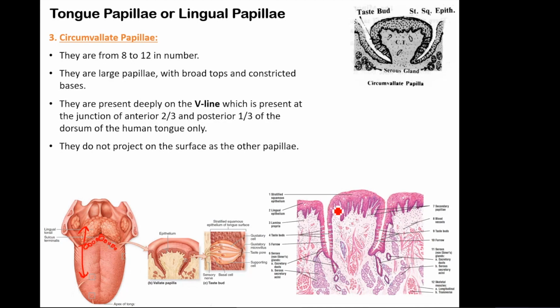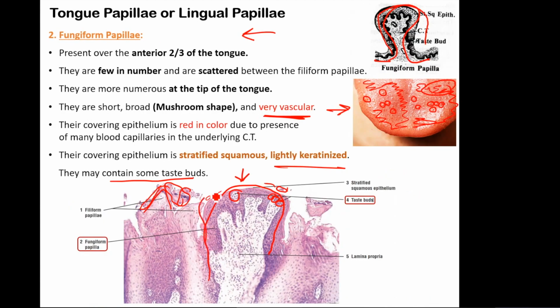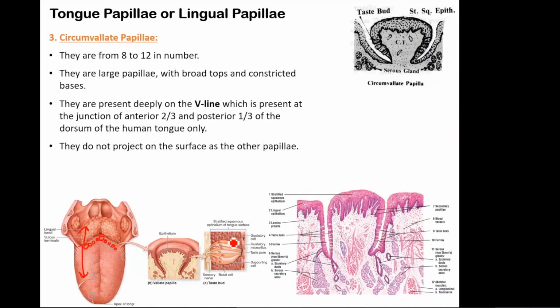They are usually not protruded above like the fungiform. Usually they are embedded, as you see here. This is the circumvallate, and they create a V shape anterior to the sulcus terminalis.